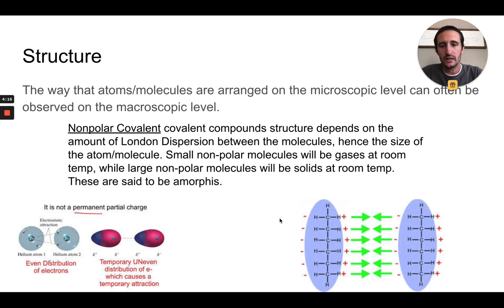If you have a small nonpolar molecule, it's going to be a gas at room temperature, while a large nonpolar molecule will be a solid at room temperature. These substances are said to be amorphous. In other words, they don't have a very rigid shape. They are more random in their shape.